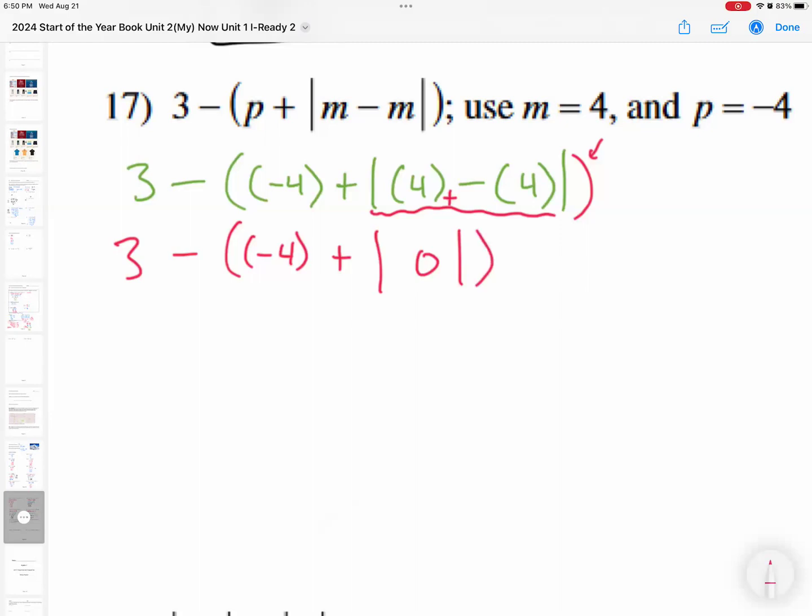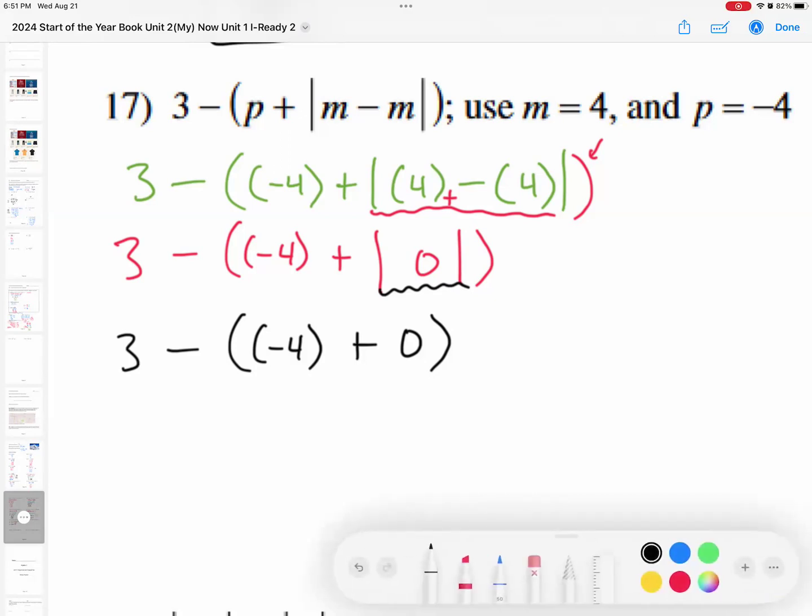And then right now, it can be a little tricky, and this is why order matters. This is still seen as the innermost grouping. So you end up with -4 plus 0 there. Because otherwise, if you accidentally start combining things that shouldn't be combined yet and then take the absolute value later, you'll get a different result in the end.